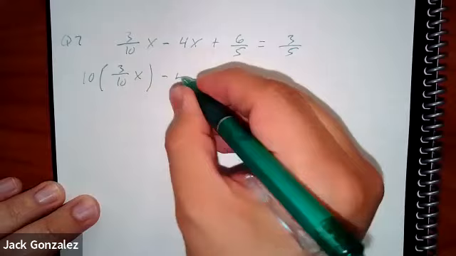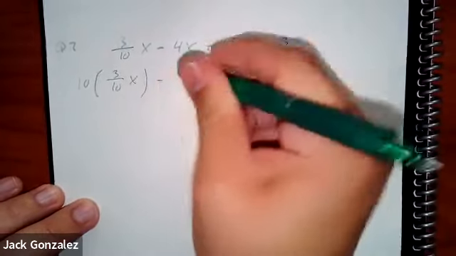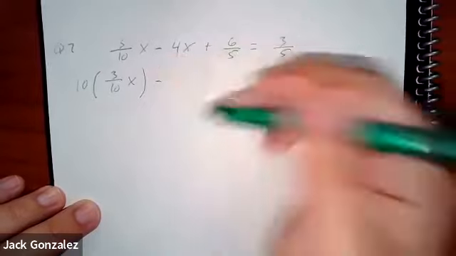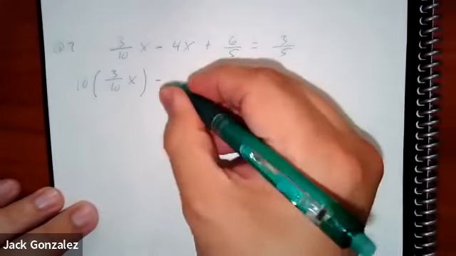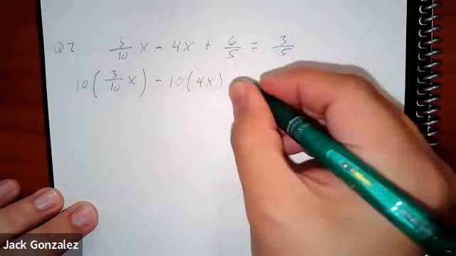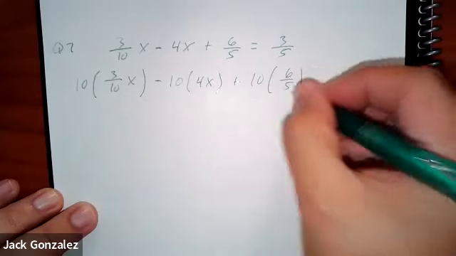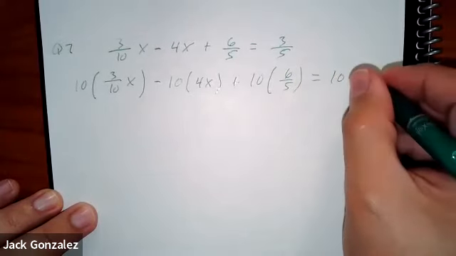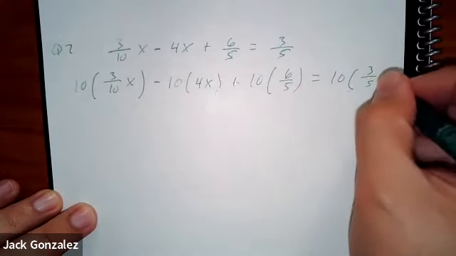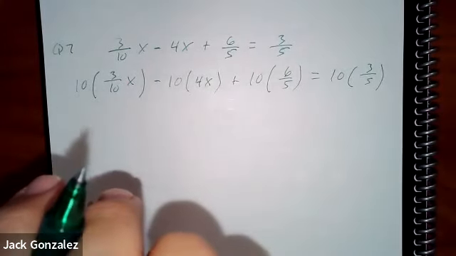Yeah, if eventually you hit the LCD, then you're good. So every single one by 10. That will allow you to not have to deal with the LCD.